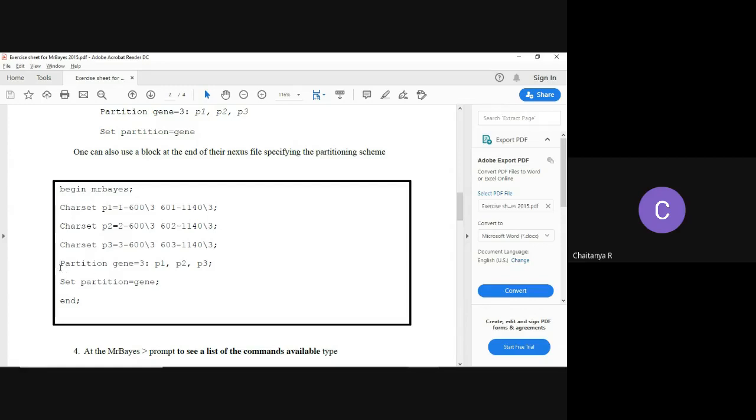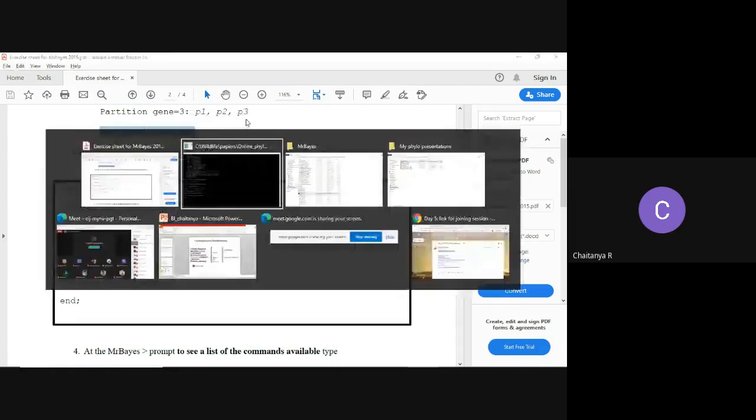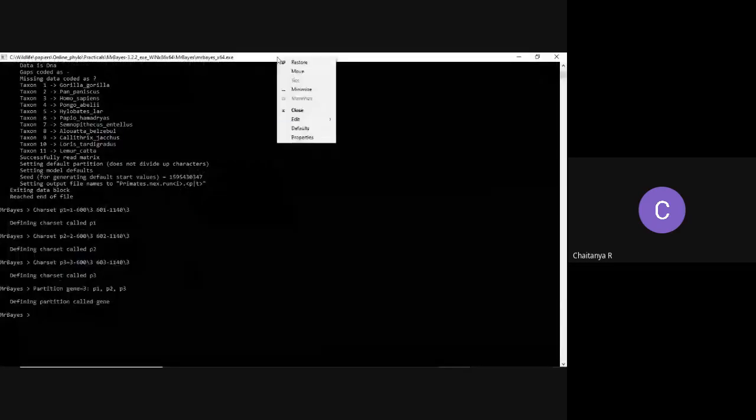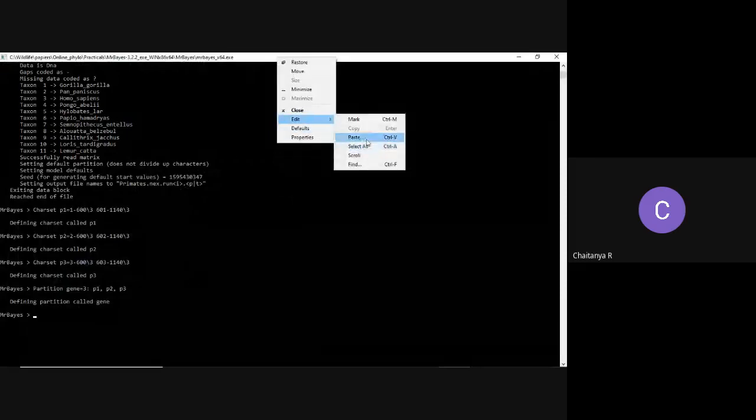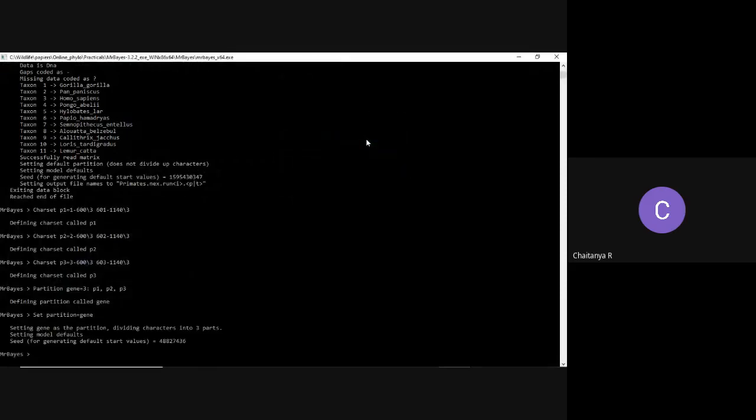And then you define the char sets and the partitioning scheme, and you also do set partition gene, right? We haven't done set partition gene, so let's just do that. Okay, so once you do set partition gene, it tells you that setting gene is the partition, dividing characters into 3 parts, setting model defaults.